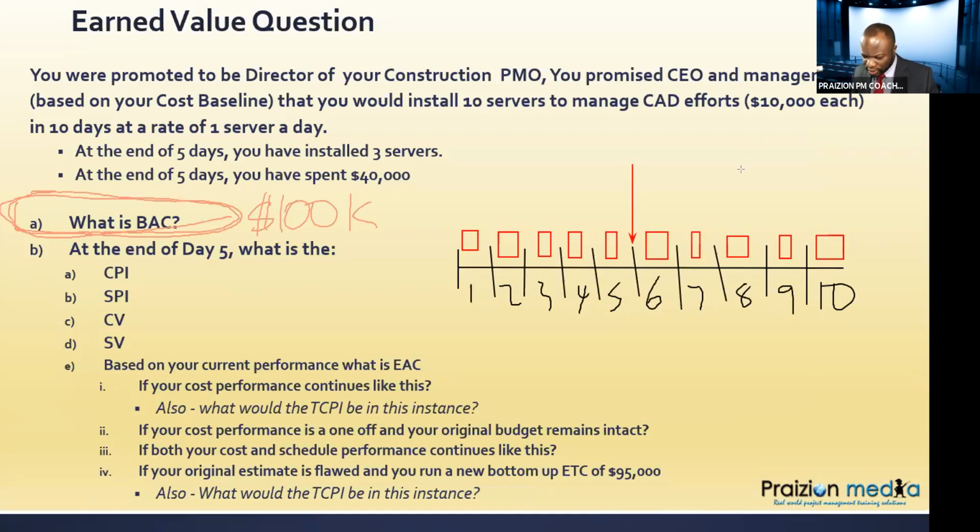Yolanda says, we should have done 5 and we should have spent 50K. So the 5 is the number of servers, and the 50K, my friends, what would that 50K be to you at the end of day 5? What would it be?